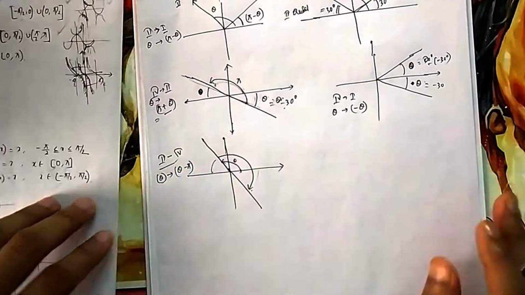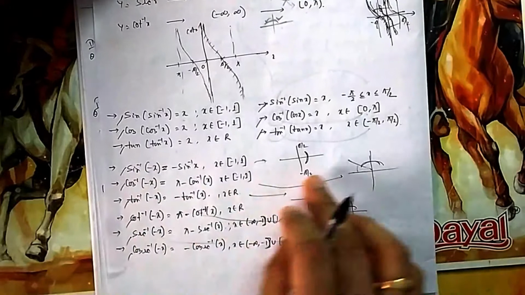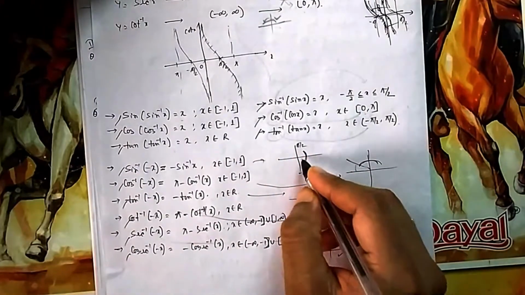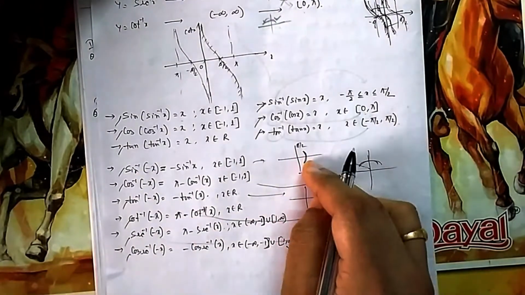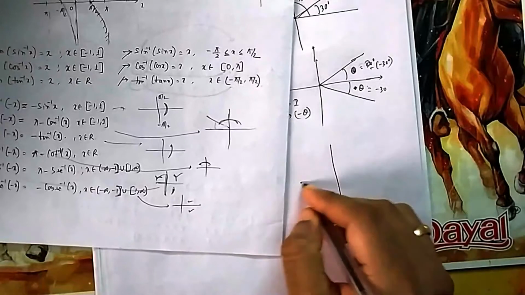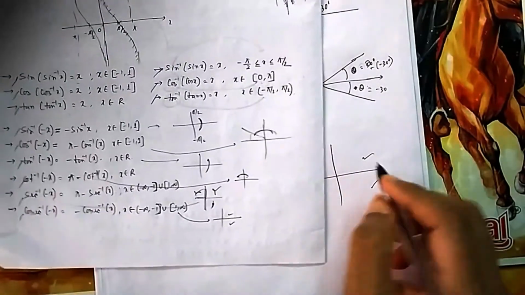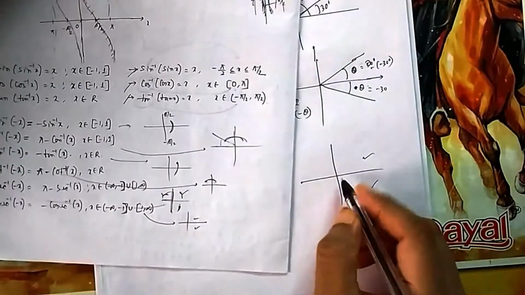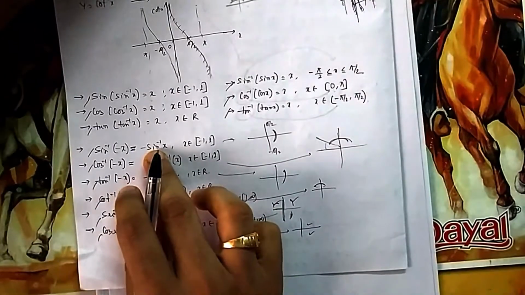So you recall all these things. Now it will be easy. Once you see this formula, it becomes easy. Now what is sine inverse of minus x? For negative values, which quadrant will it give you? Minus pi by 2, the fourth quadrant, because for sine inverse you have chosen this quadrant for negative values and these two quadrants for positive values. Sine inverse of minus x will give you the answer here, but you want to write it in positive values.